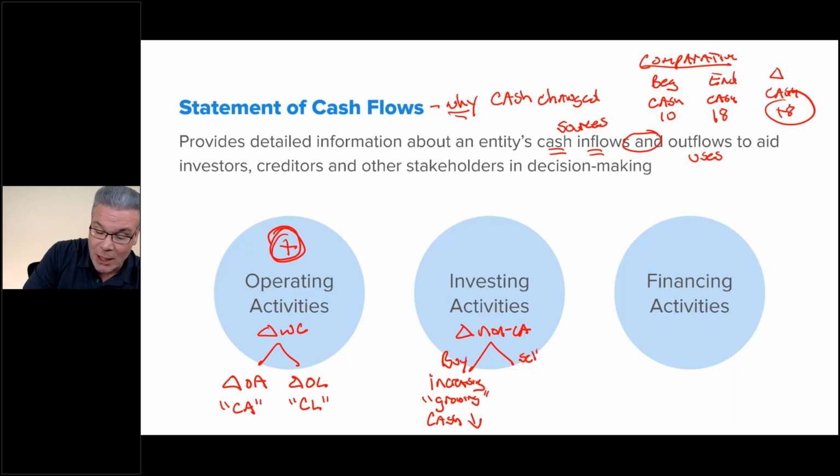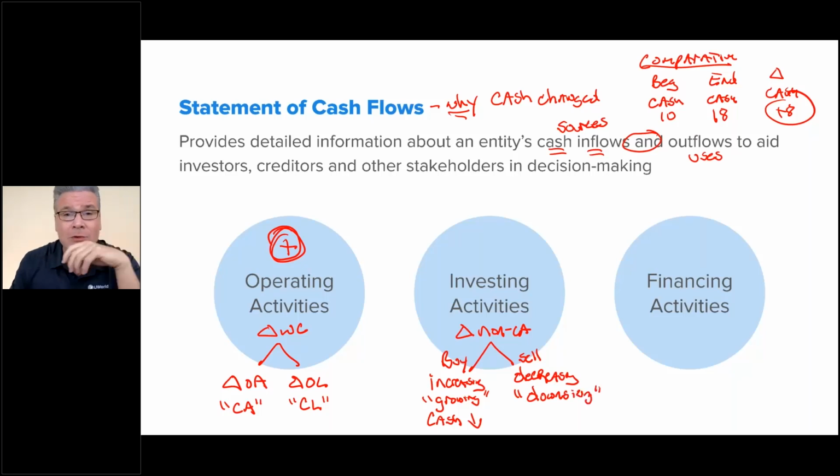Conversely, if you're selling off your non-current assets, if your PP&E is decreasing, you are not growing, folks. You're downsizing. You're closing your stores. You're closing your factories. Although cash is going up, folks, I'm not happy about this because you're not growing and you're liquidating your investments.